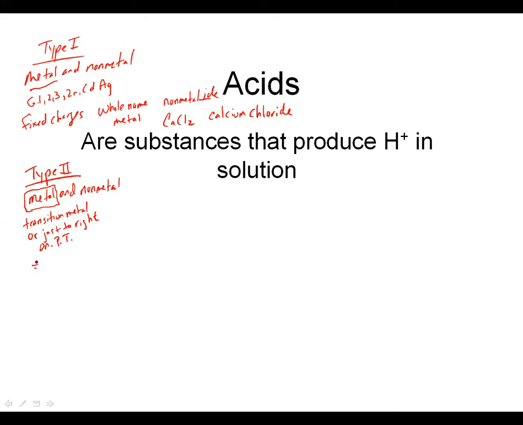And those guys can have a variable charge. So the important thing when we go to name these guys is we still do pretty much the exact same thing. We're going to use the whole name of the metal. We're going to do our non-metal, drop the last part there and replace it with the IDE. But these are the guys that do need a Roman numeral. So we use our Roman numeral.